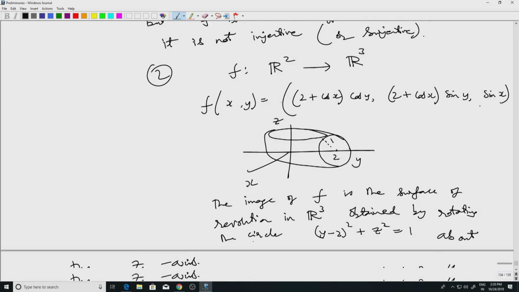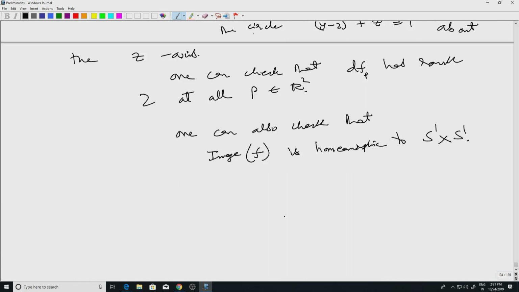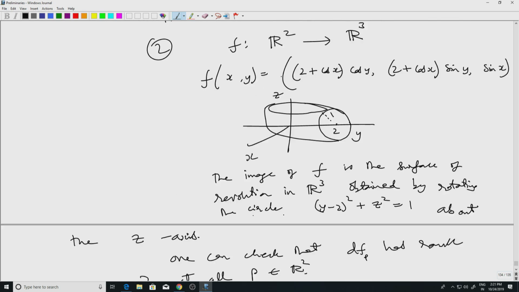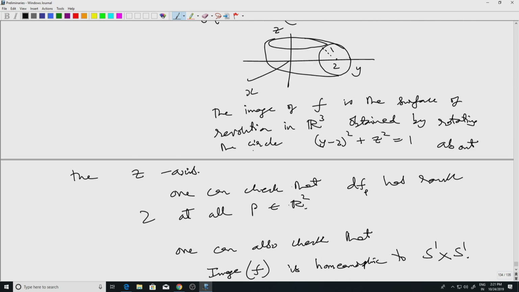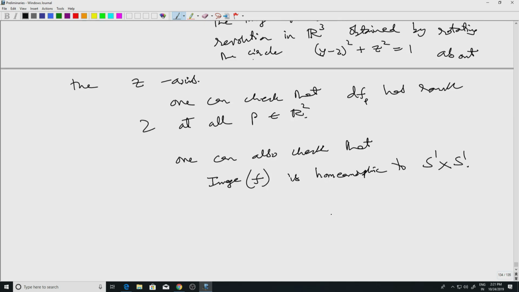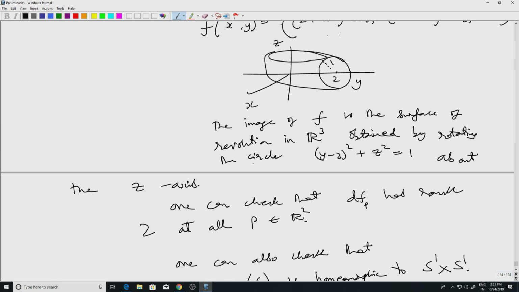And as it turns out, as we are soon going to see, this image of f is what is called a submanifold of R3. In particular, it's not just a topological space, it is itself a smooth manifold.